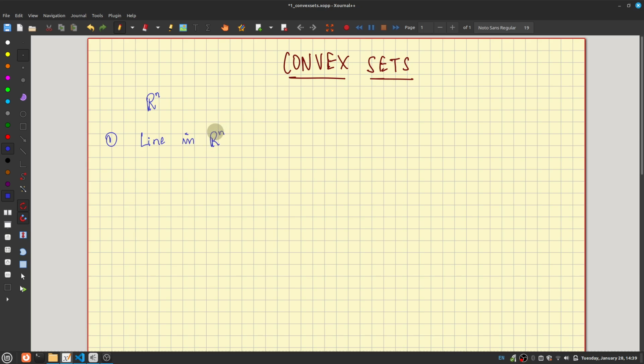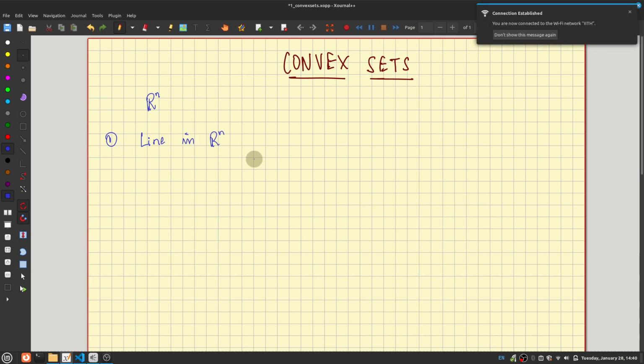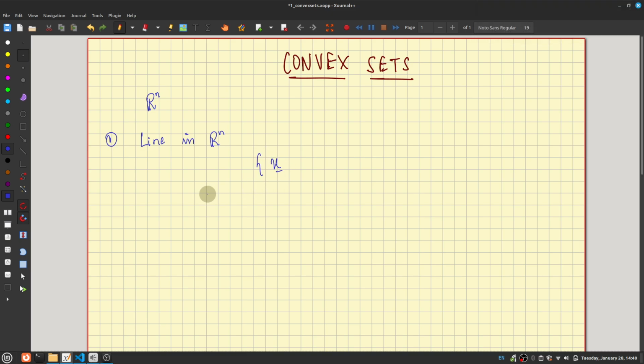So what does a line look like? Analytically, a line is essentially a set. You know what a line is in 2 dimensions and 3 dimensions. You can visualize it. So a line is simply the set of all points x. Let's take a line that passes through 2 points x1 and x2.